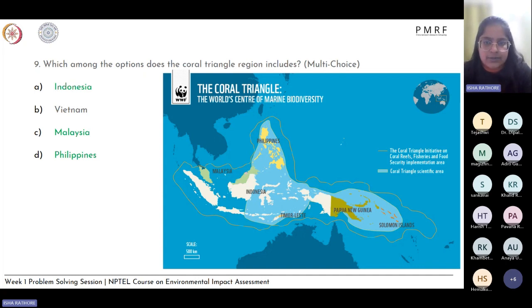So all of these areas are included in the Coral Triangle. Then we also have the scientific area, which deals with R&D related initiatives relating to coral reefs, fishery, and food security, and that you can read from the figure. So the Coral Triangle region includes A, C, and D, Indonesia, Malaysia, and Philippines. So A, C, and D is the correct answer.